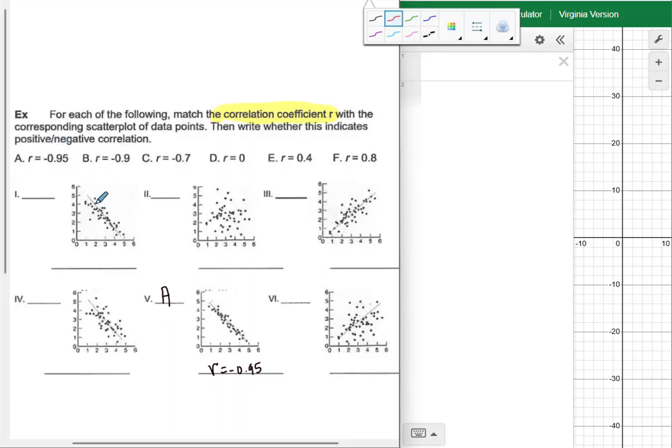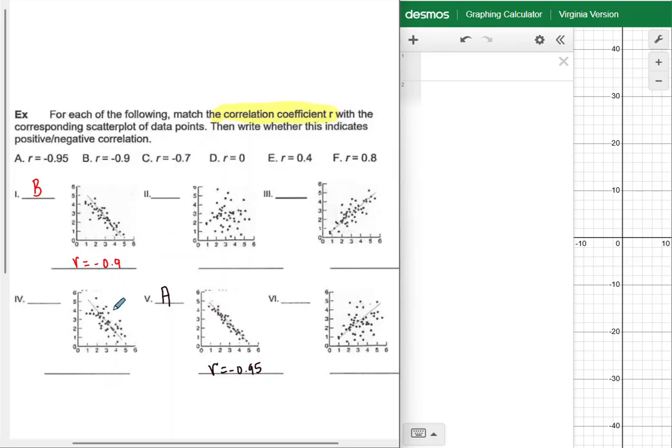So even though the points are close together, this looks like it is a negative 0.9. This is a better fit. Oh, why did I write it there? Hold on. This is going to be B, and the R equals negative 0.9 here.